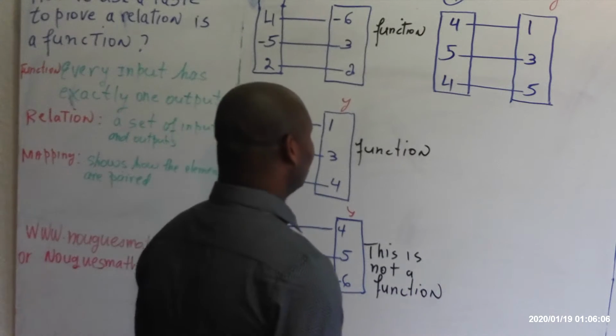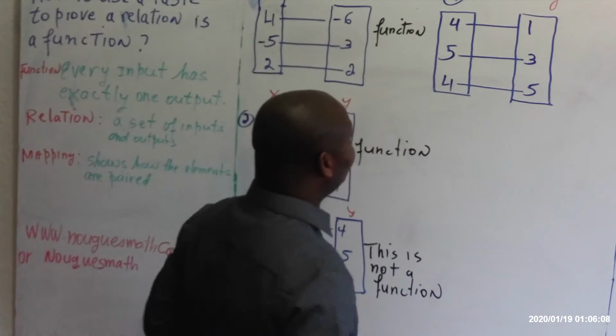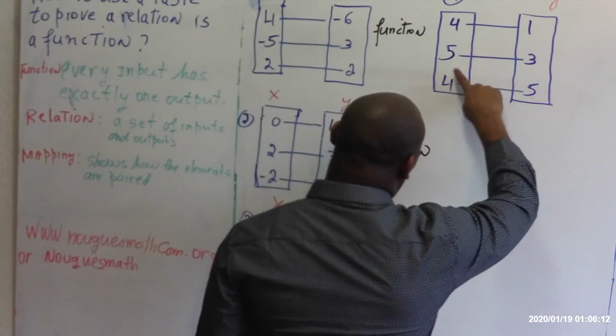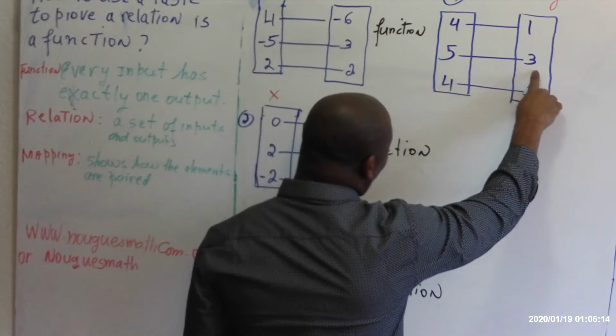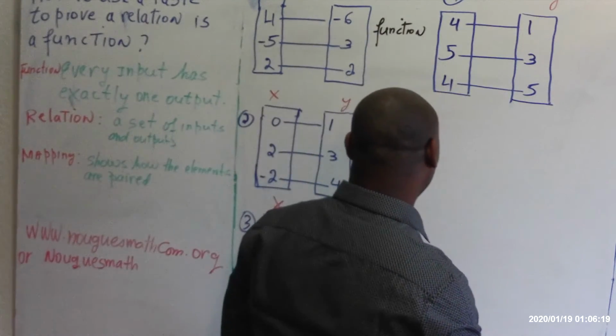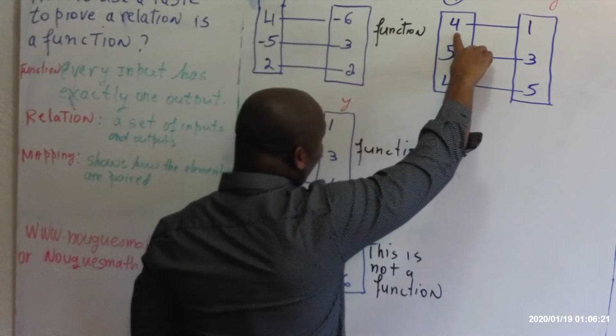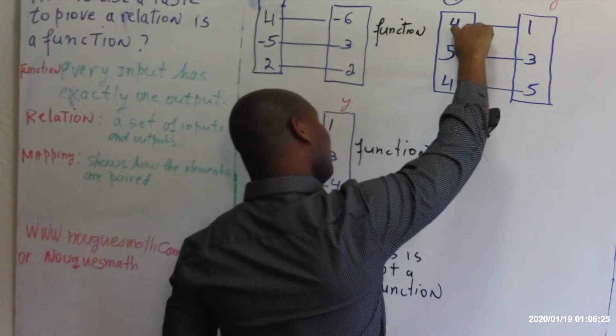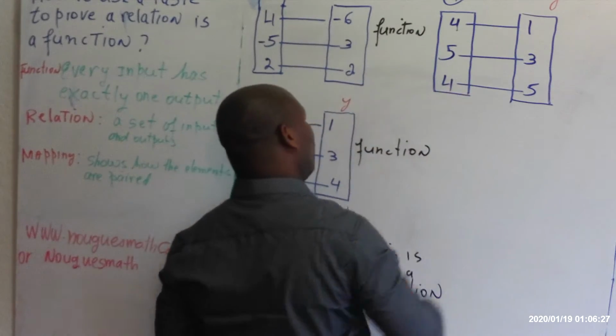It's not a function. Let's see the fourth table. We have 4 maps to 1, 5 maps to 3, 4 maps to 5. When we look at this table, we also see two identical numbers, 4 and another 4.